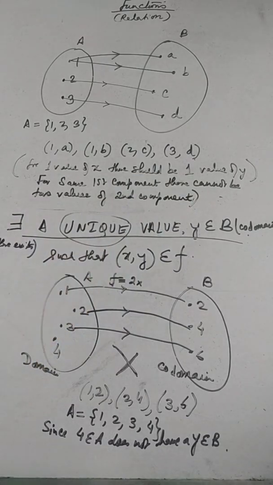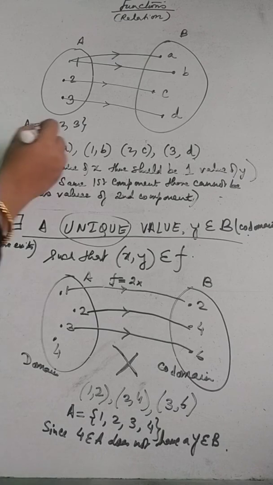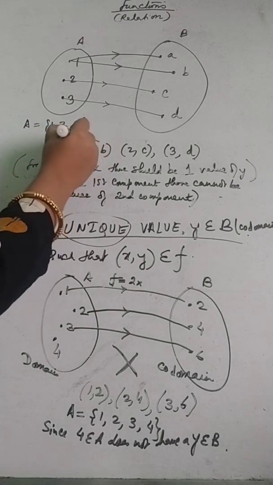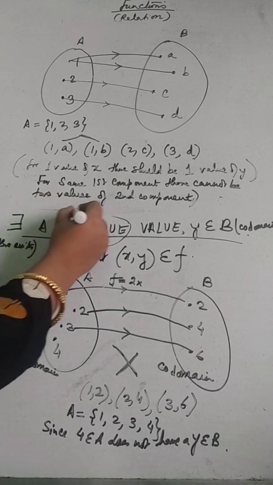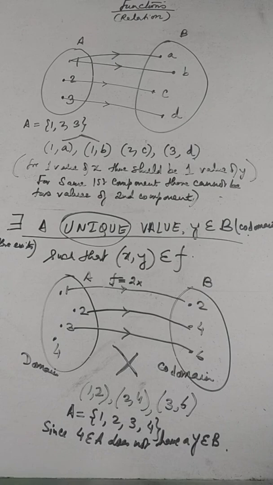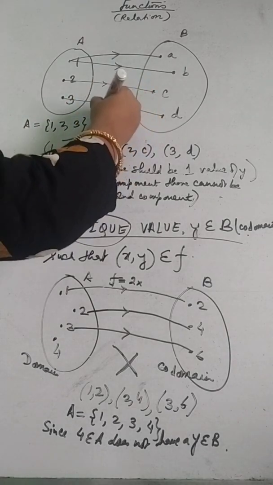Because notice here, the first component is 1, but the second component I have two. One is a and one is b. So this is the problem created by (1,a) and (1,b). Here the first component is the same, but there are two values of the second component. That means it is not fulfilling the condition of uniqueness. Therefore, this is also not a function.